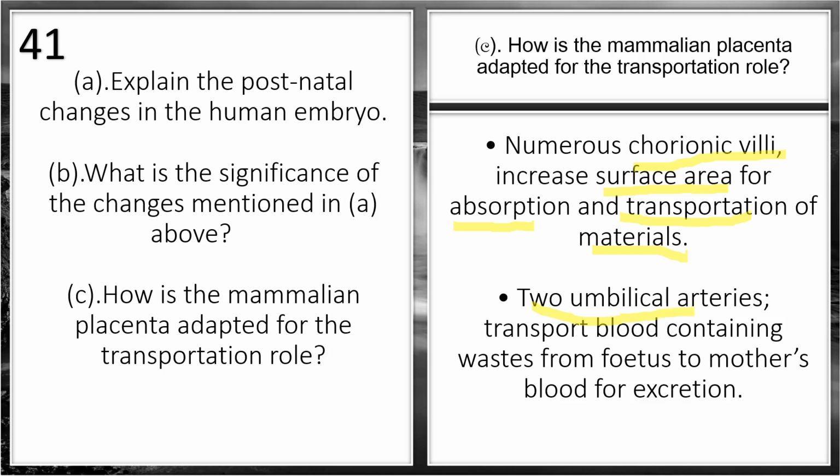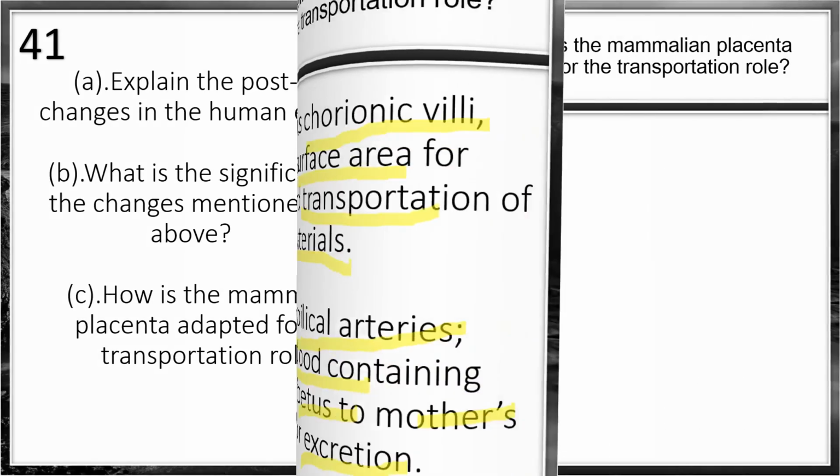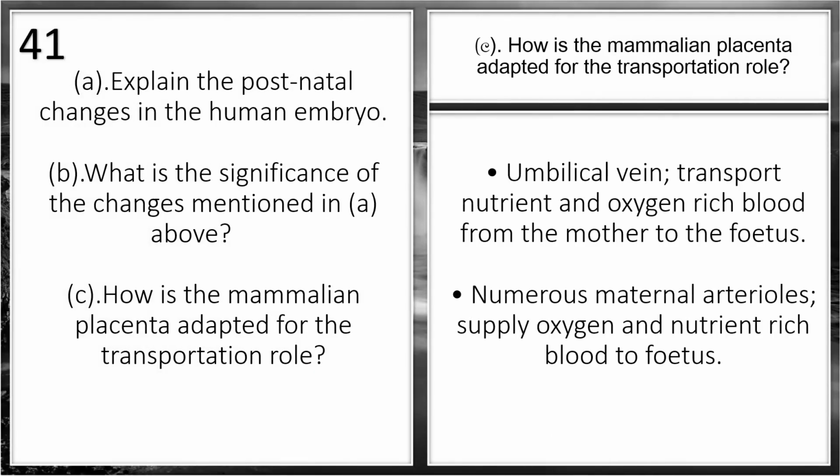The two umbilical arteries transport blood containing wastes from the fetus to the mother's blood for excretion. The umbilical vein transports nutrients and oxygen-rich blood from the mother to the fetus.